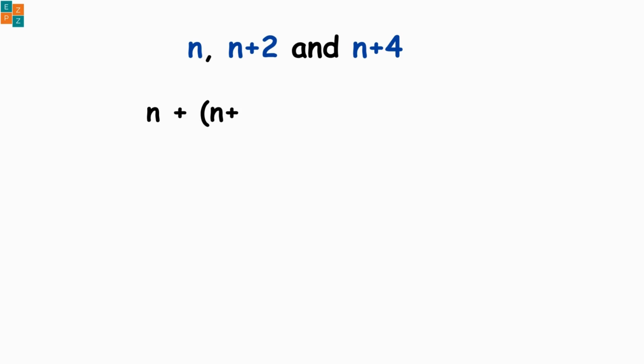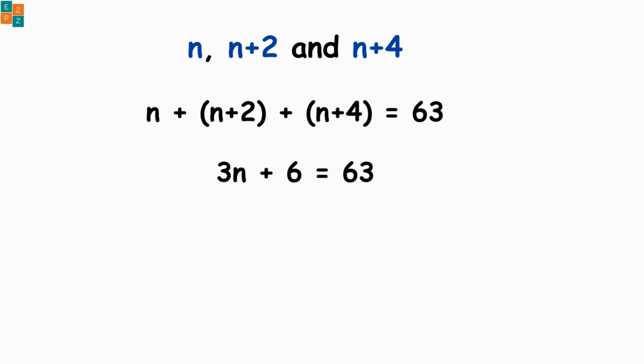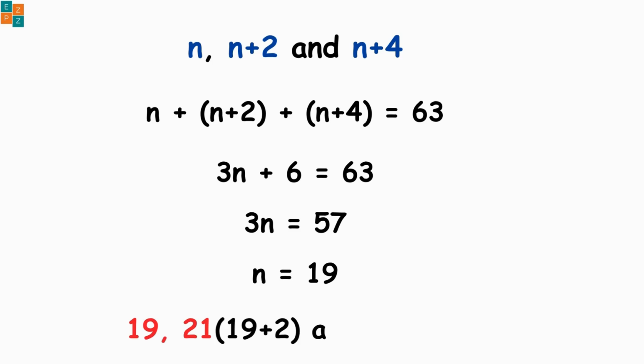Therefore, n plus n plus 2 plus n plus 4 is equal to 63, which implies 3n plus 6 equals 63, which implies 3n equals 57, which implies n equals 19. Therefore, the 3 consecutive odd integers are 19, 21, and 23.